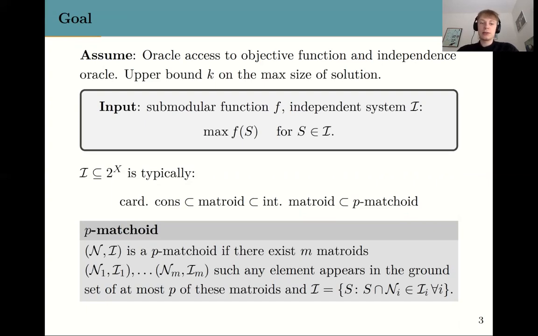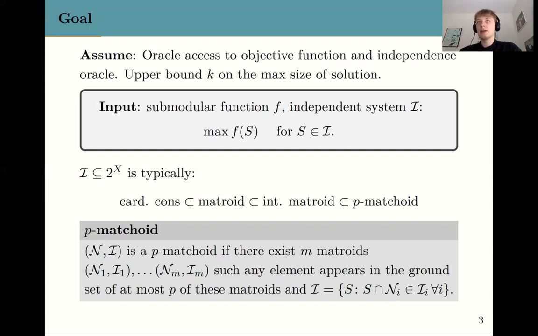The benchmark when studying such a problem is when the independent system is actually a cardinality constraint. In this setting, the independent system is actually all sets that have size less than k. The independent system can also be a matroid.